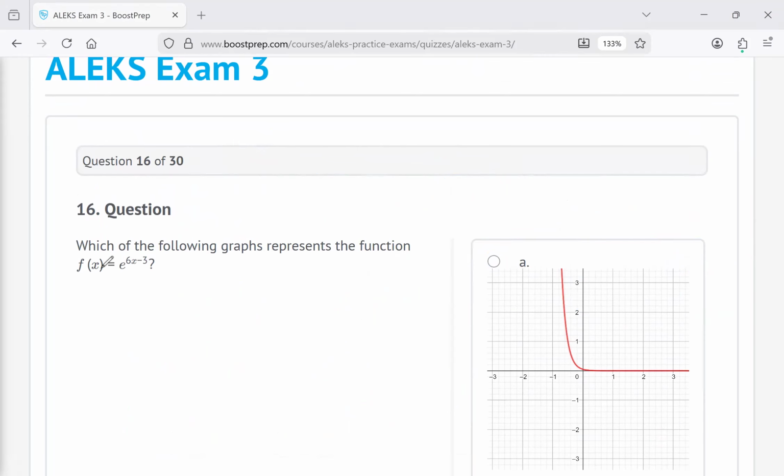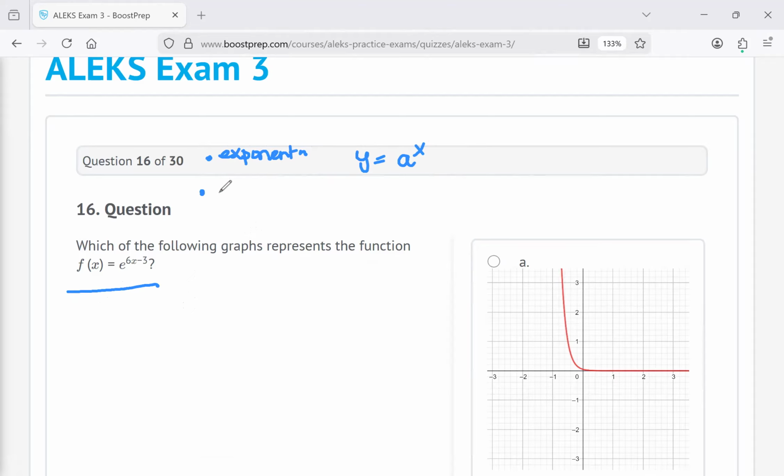Question 6, which of the following graphs represents the function f of x equals e raised to the 6x minus 3? So what we need to know is this is an exponential, because it's in the form of y equals a raised to the x.